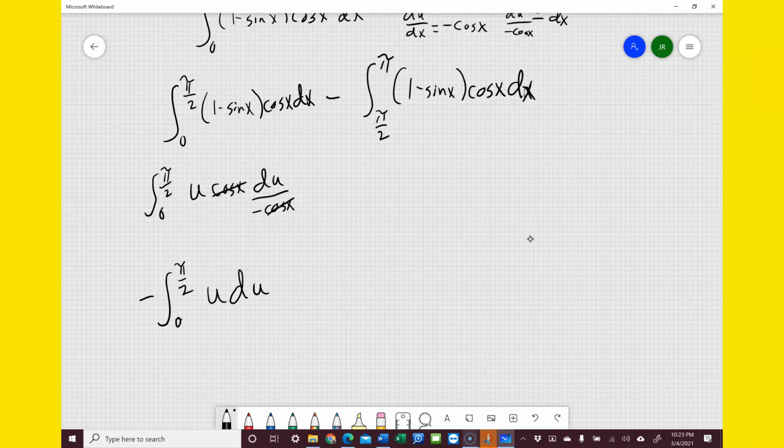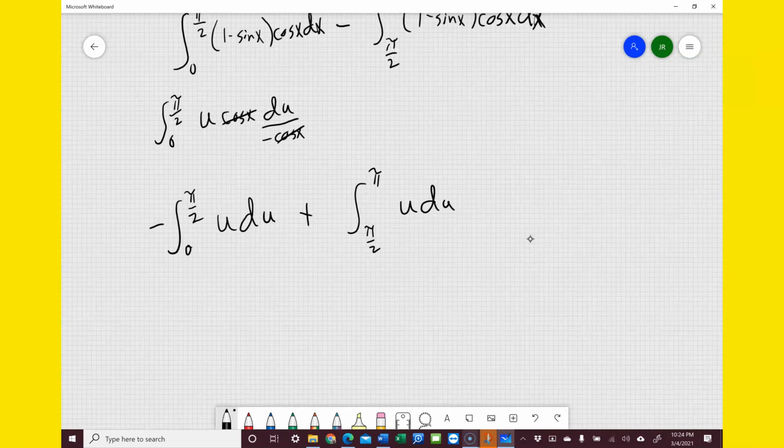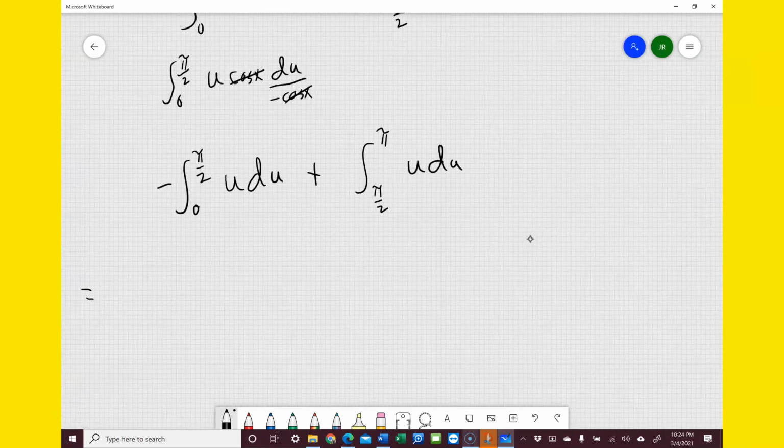This one is the same exact thing, so minus negative integral from pi over 2 to pi of u du. And minus and negative actually makes that become plus, doesn't it? So let's just write it as a plus. And so this is going to be equal to negative u squared over 2, or I could just say negative 1/2 u squared plus 1/2 u squared.